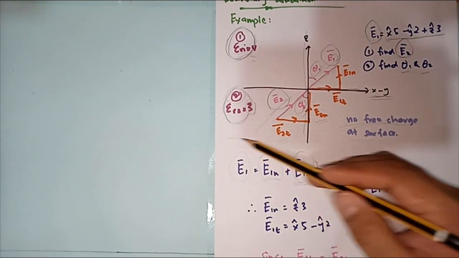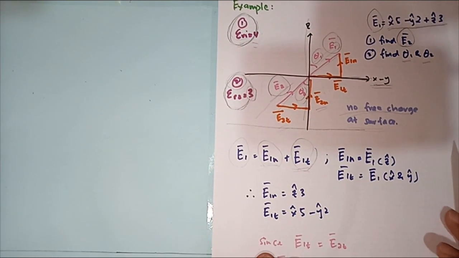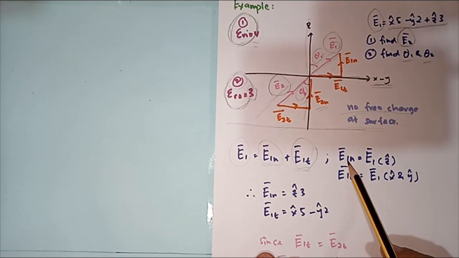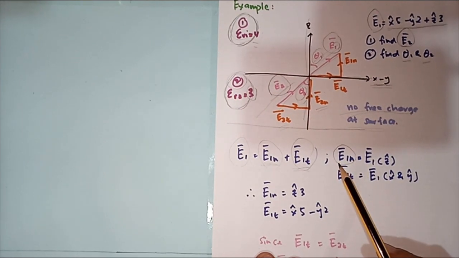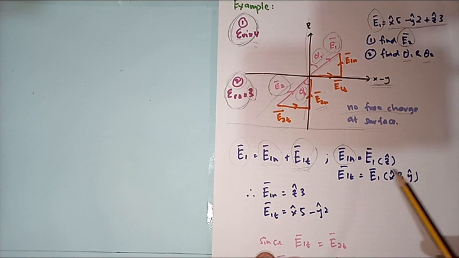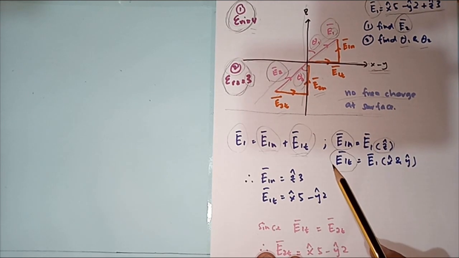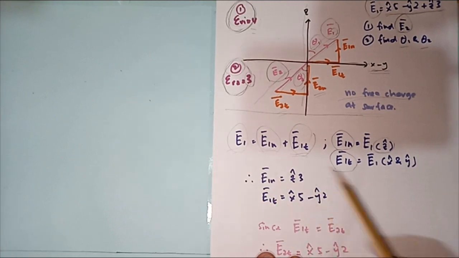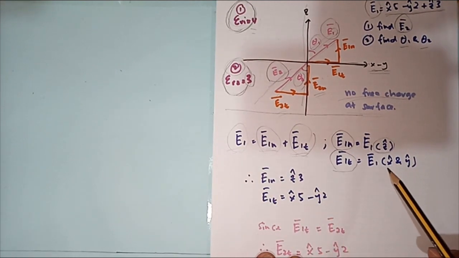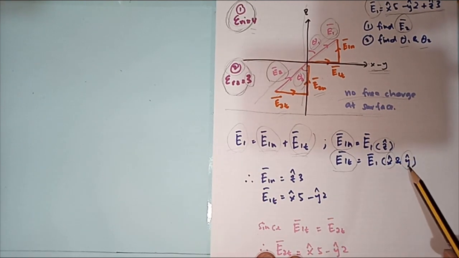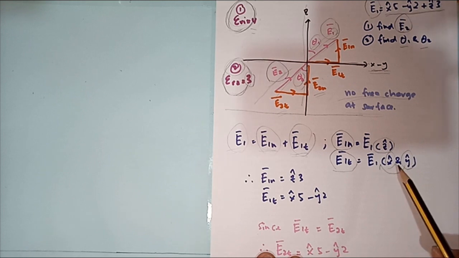By looking at this figure, the vector of E1 in the normal component is equal to the vector of E1 in the z cap direction. And the tangential component for this vector is equal to the component of x cap and y cap that exists in the vector of E1.